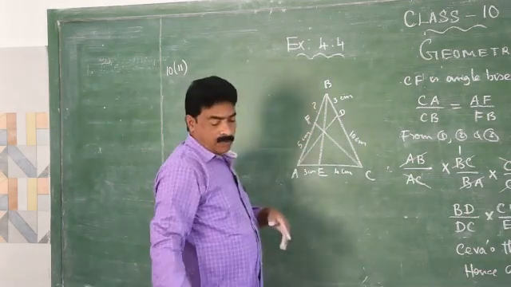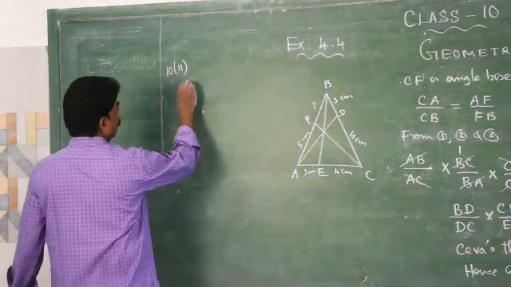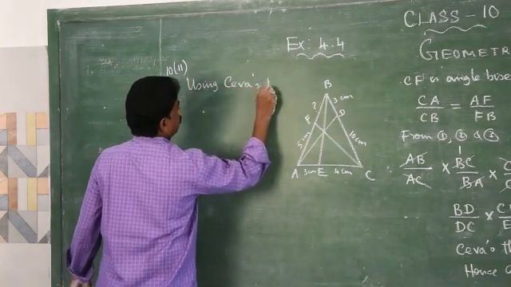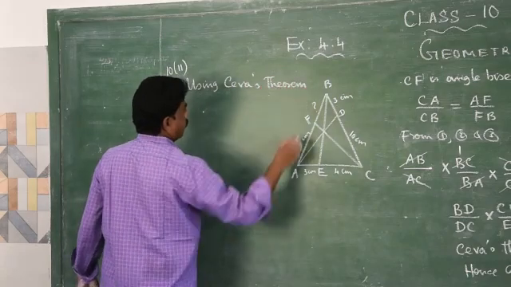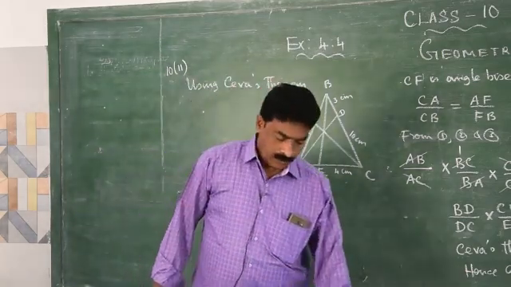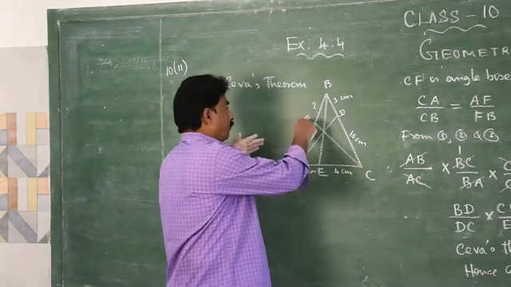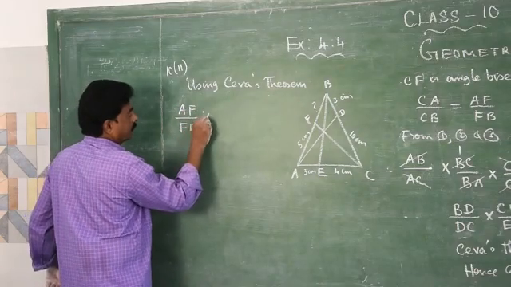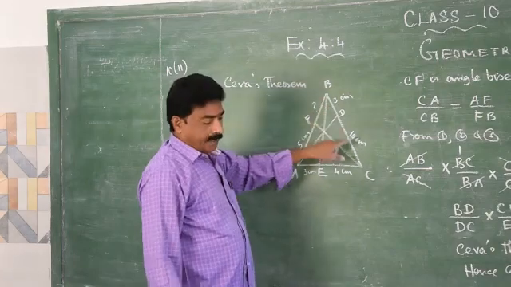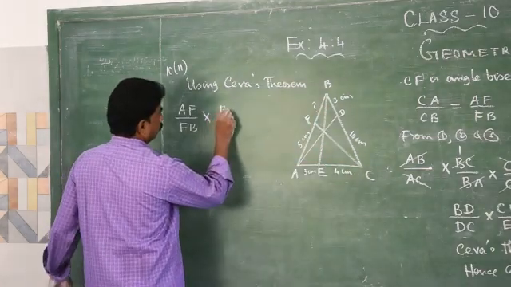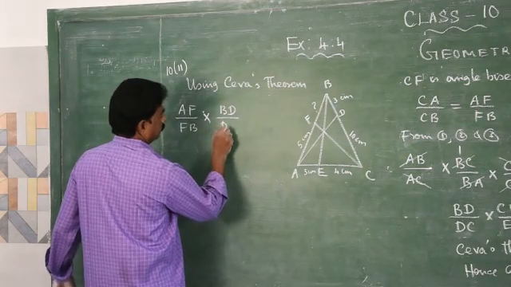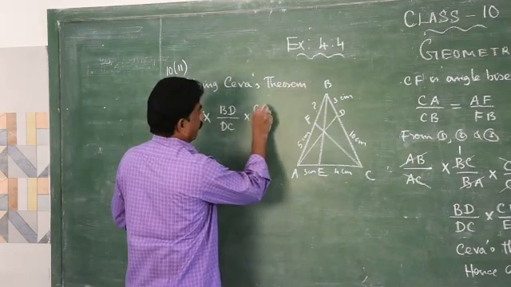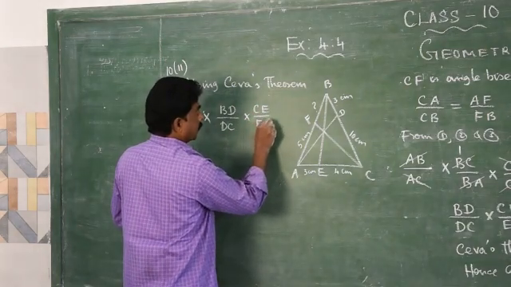So by using Ceva's theorem, what it says: AF by FB into BD by DC into CE by EA is equal to 1.